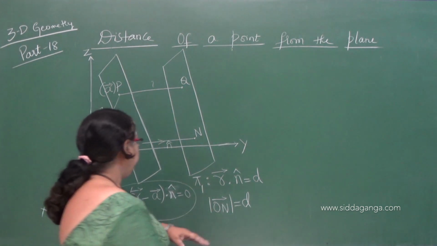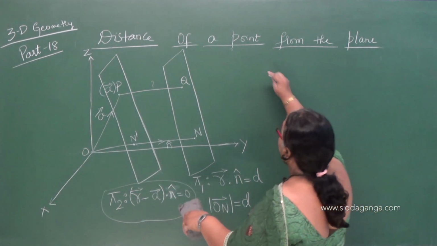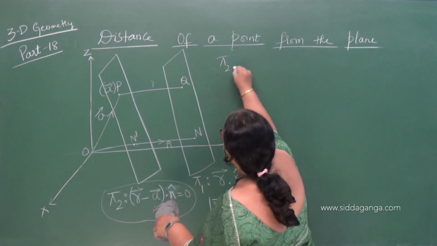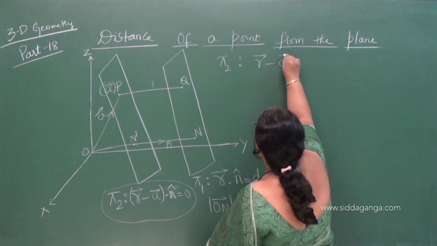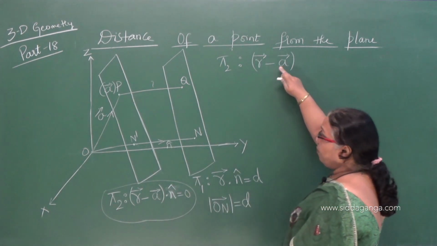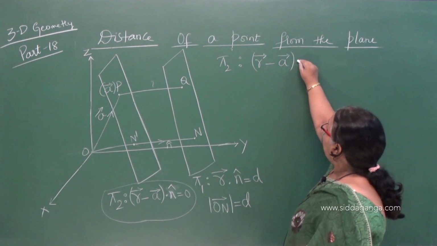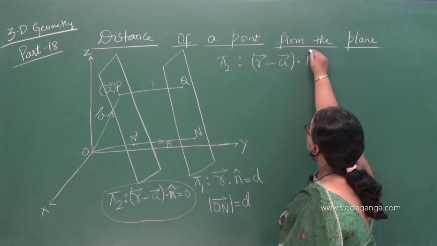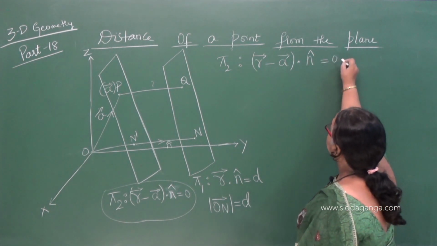So here, look at the magnitude for plane pi 2. Pi 2 is the equation of the plane passing through the point P whose position vector is vector A, and it is perpendicular to the unit normal vector n cap, equal to 0.